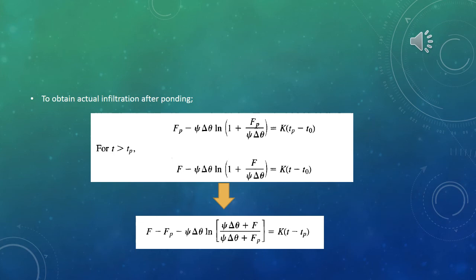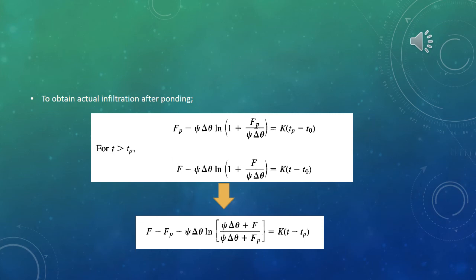When we subtract them, we find the infiltration that occurs into the soil when the time is longer than ponding time.